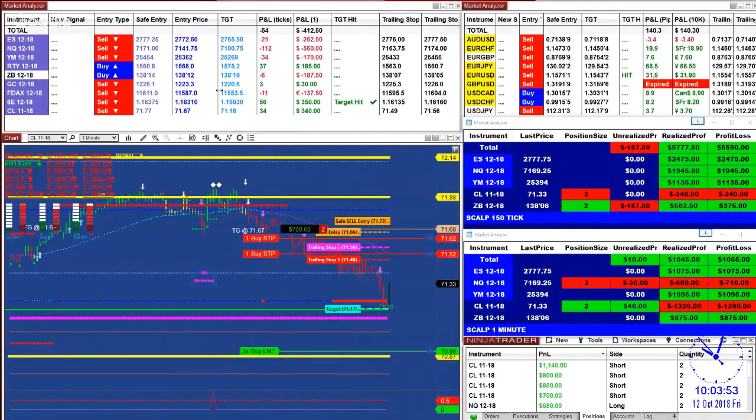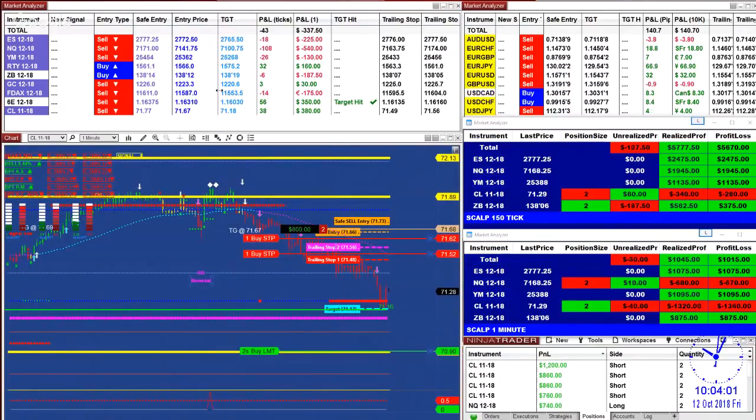But this is the signals. We have a little pullback on that market, so we are trying to find trades in between.